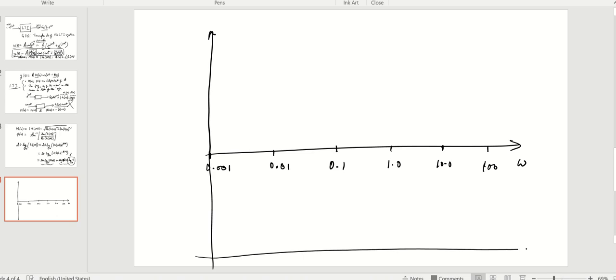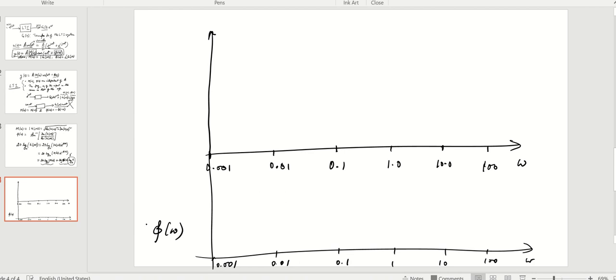So remember that these are the same axis, omega. It's exactly the same here. It will be 100, it will be 10, here you'll have 1, here you'll have 0.1, here you'll have 0.01, and it will start from 0.001.